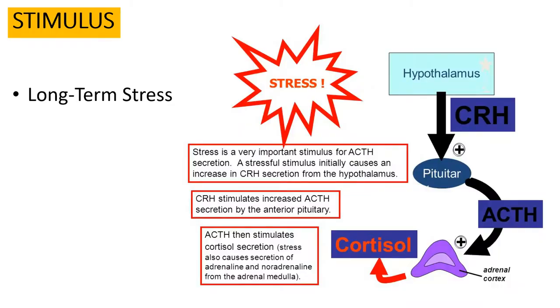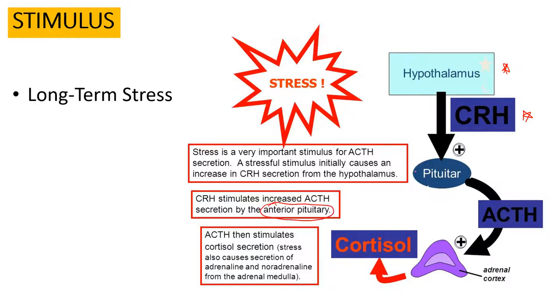So what is the stimulus for the secretion of cortisol? What's the ultimate stimulus? Stress, and long-term stress. This is secreted under long-term stress conditions. So how that pathway goes is the long-term stress is detected. The hypothalamus secretes CRH, corticotropin releasing hormone, which goes to the anterior pituitary.